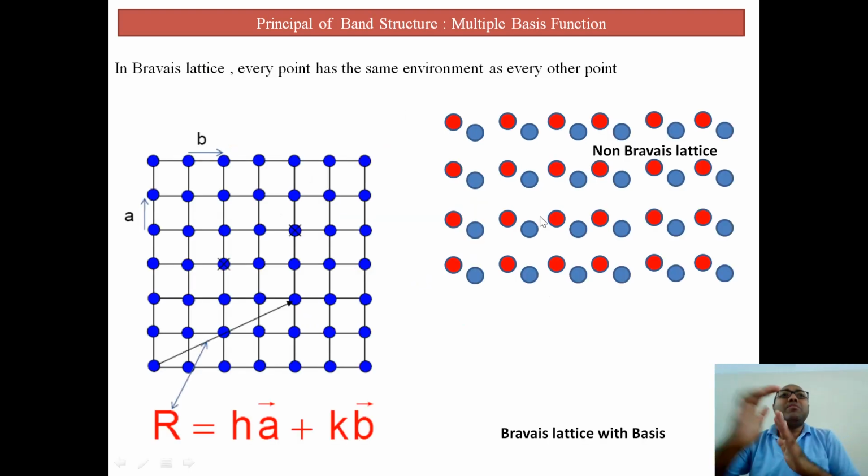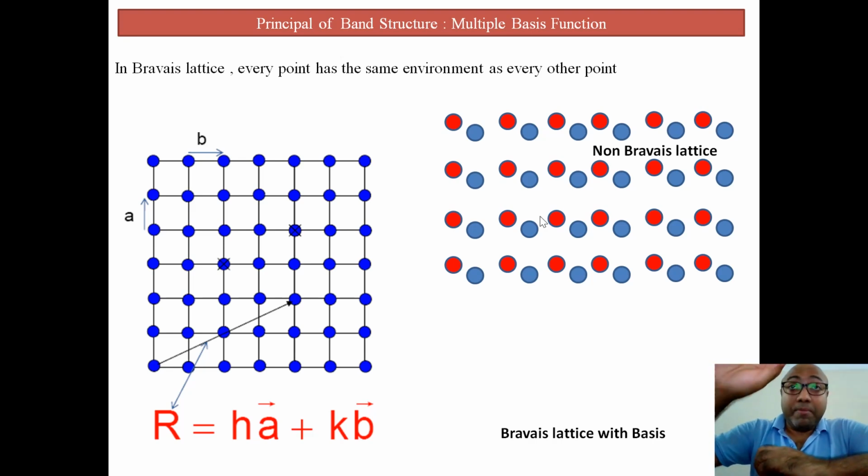Okay, fine. Now, here I also told you that day about the Bravais lattice concept. If you start from here and want to reach over there, you can have an integer multiple of a particular distance, like from here to here.